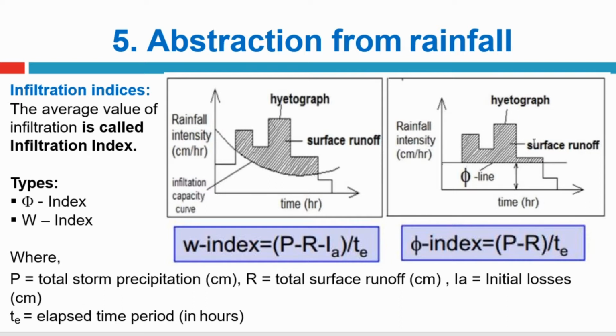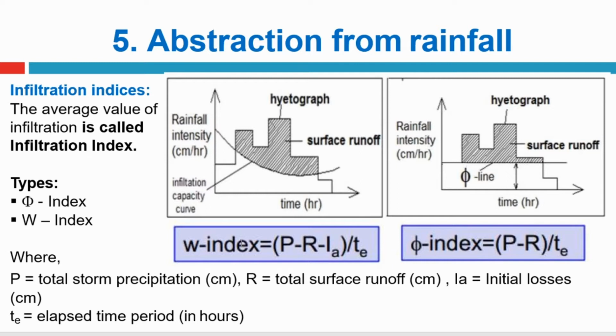So after determining the rainfall from this hyetograph and the surface runoff, P minus R, which is precipitation minus runoff, divided by the time duration of that rainfall period, gives me the phi index, which is the average infiltration rate, or we can also call it the constant rate of infiltration. So phi index represents that, and we can calculate it. Phi index is one of the indices representing the infiltration rate of any given region.